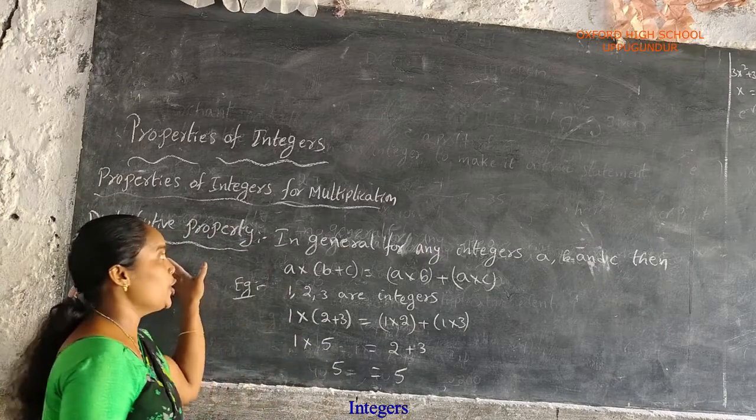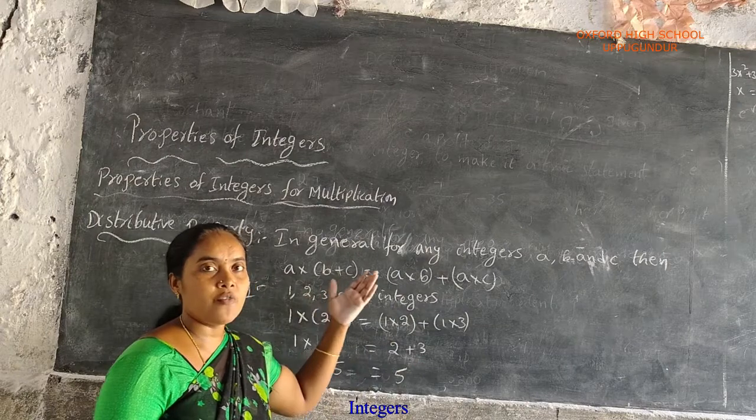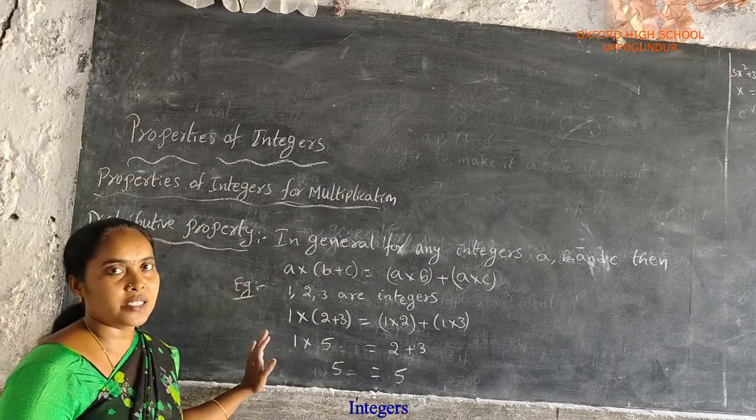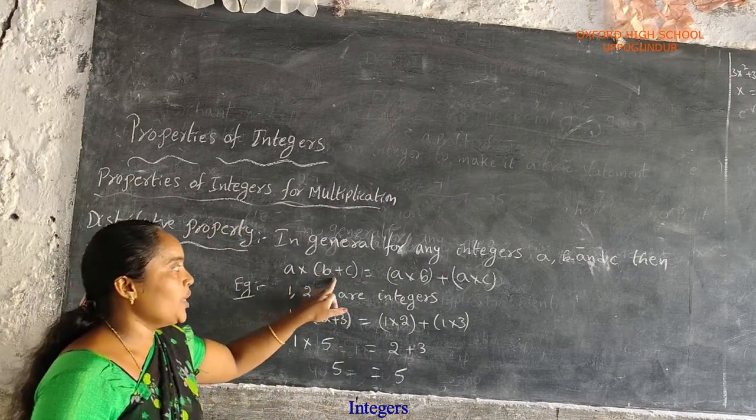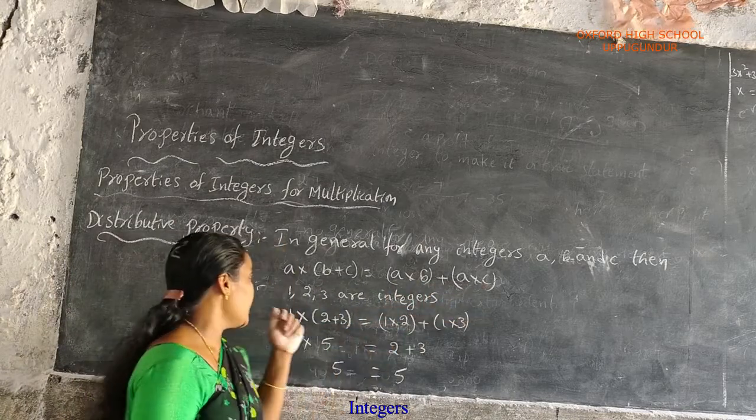Once again see distributive property. In general, for any integers a, b and c, a into b plus c equals a into b plus a into c.